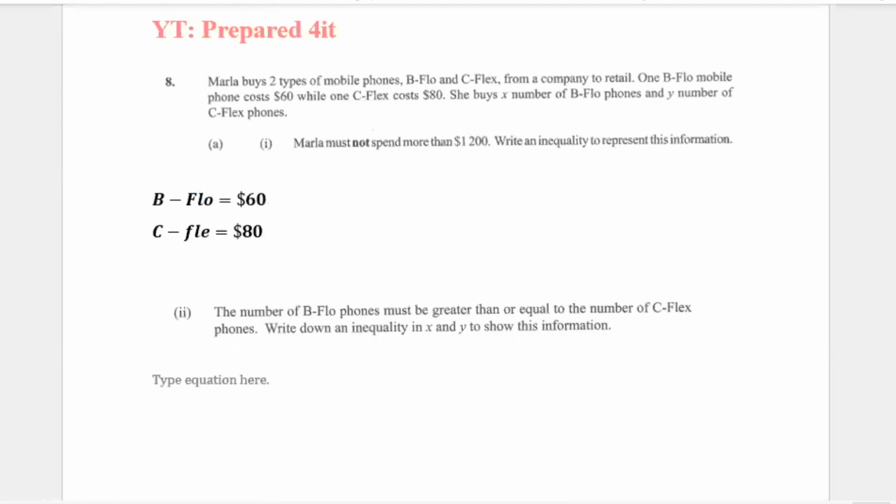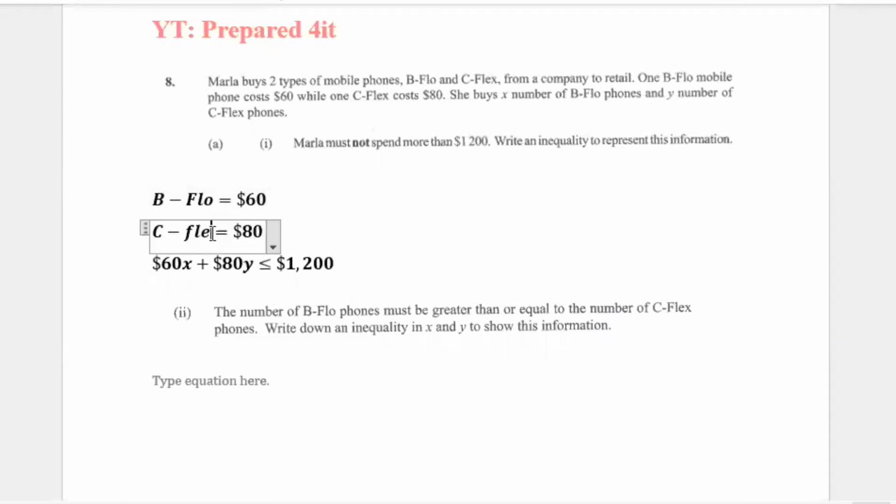And she buys X number of B Flow phones, so it would be 60X, and Y number of C Flex phones, so it would be 80Y, and they're telling us that it must not cost more than 1,200. So we're dealing with an inequality, therefore it must be less than or equal to 1,200. And this is what our inequality will look like.